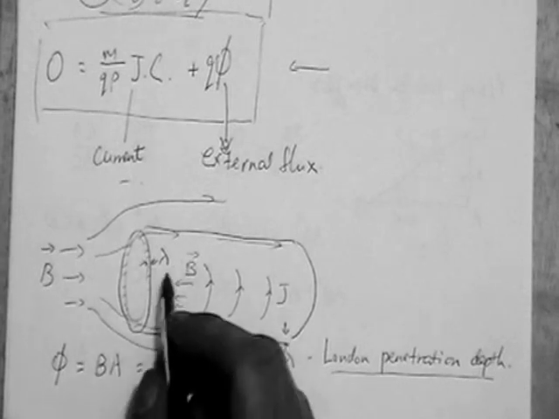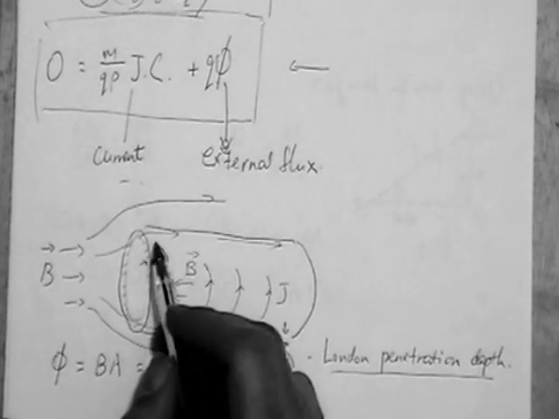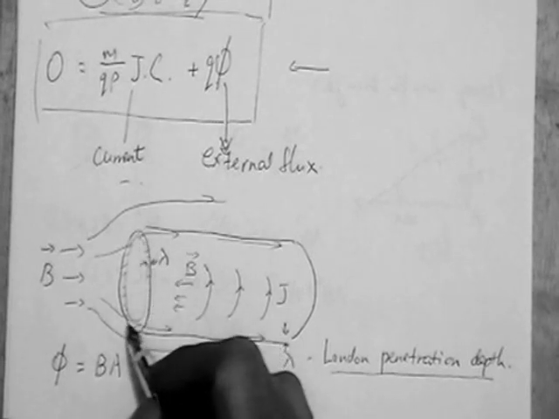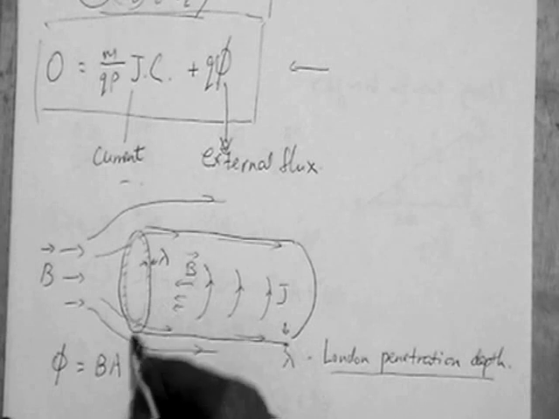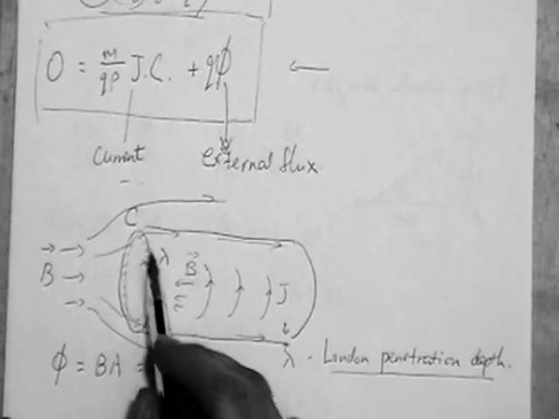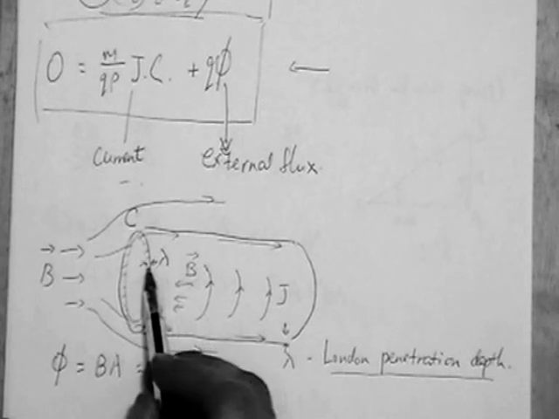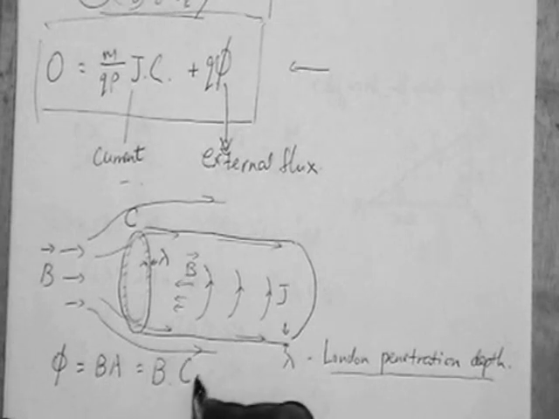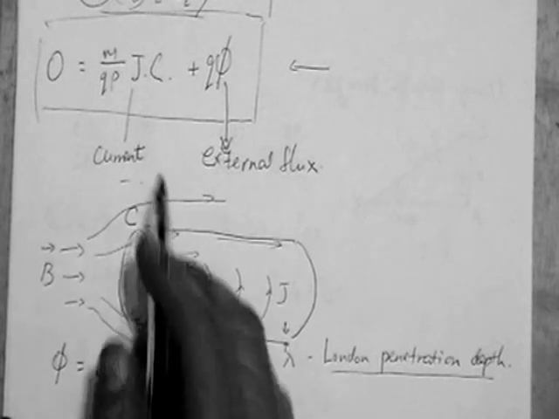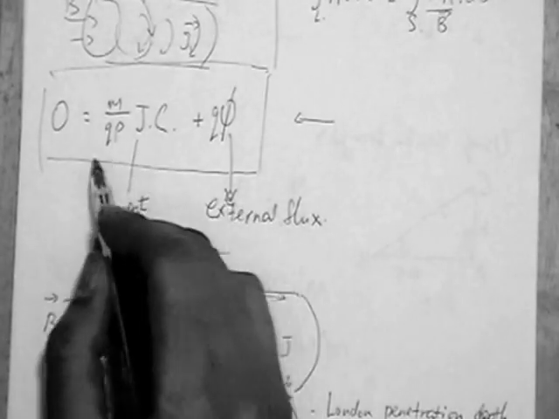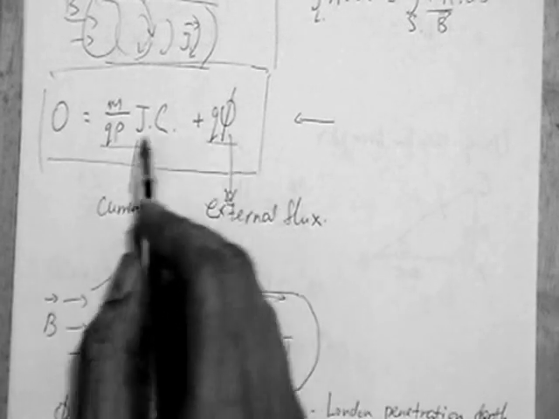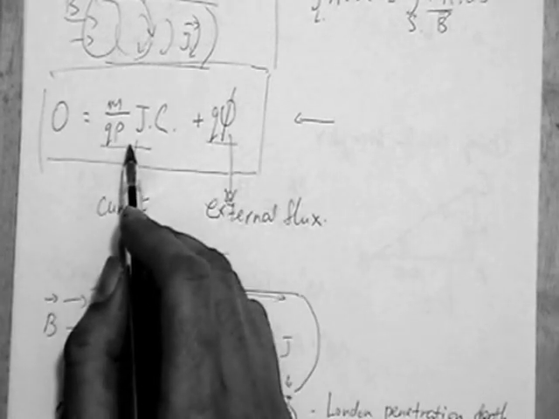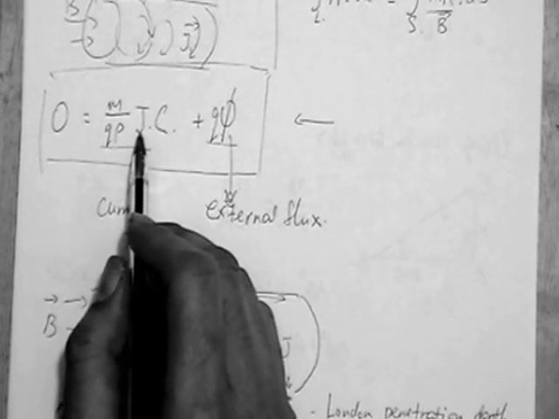So this would be approximately, now I'm just going to let the circumference of this cross-section be c. So approximately this area would be c times lambda, since lambda is quite narrow. So B times A would be c lambda. That would be the flux. Now from this equation up here, we see that the flux is related to the current density by this formula.